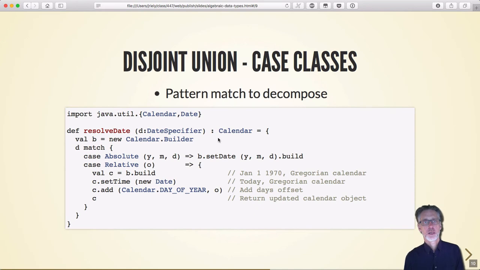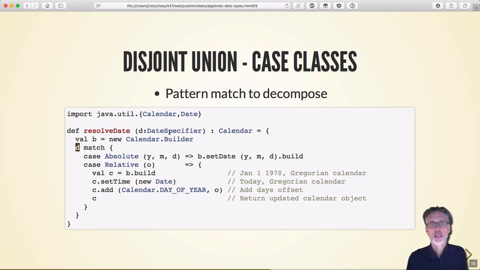What I can then do is take a date specifier and resolve it. How do I resolve a date specifier? The way I'm going to do it is by matching on that date specifier to determine which of the two kinds it is. Is it absolute or is it relative? This is actually some useful code.